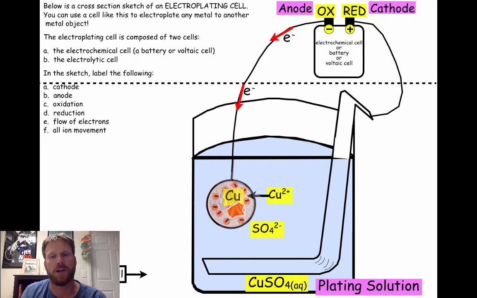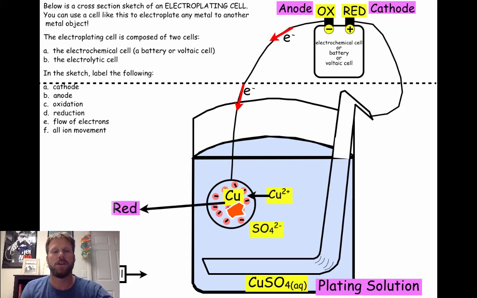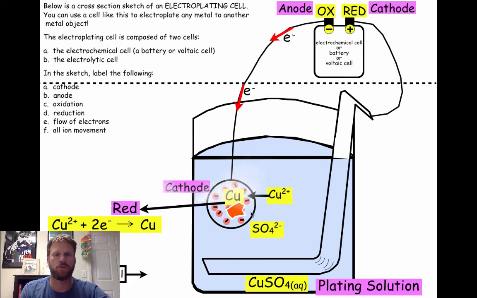So copper 2 plus becoming copper metal means copper 2 plus is gaining 2 electrons. It is being reduced. So the reduction half reaction is copper 2 plus 2 electrons gives you copper metal. Remember that the process of reduction occurs at the cathode. So for the electrolytic cell, the quarter is acting as the cathode.